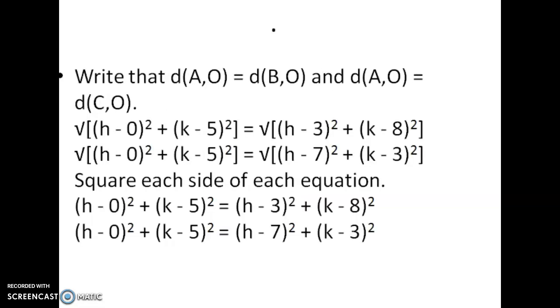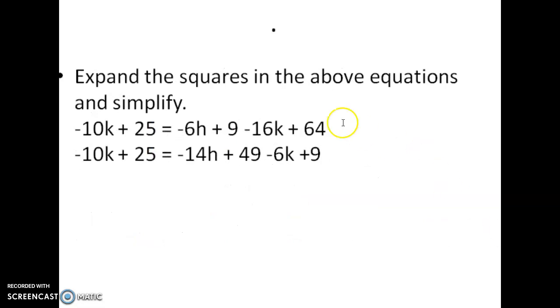Let me just go back a little. So what you do here is expand this bracket, expand this bracket, and so on, and same goes for equation 2. Then you collect like terms, and after expanding the previous equation and collecting the like terms, you get this equation. Then for the bottom equation, also from the previous slide, you get this one.